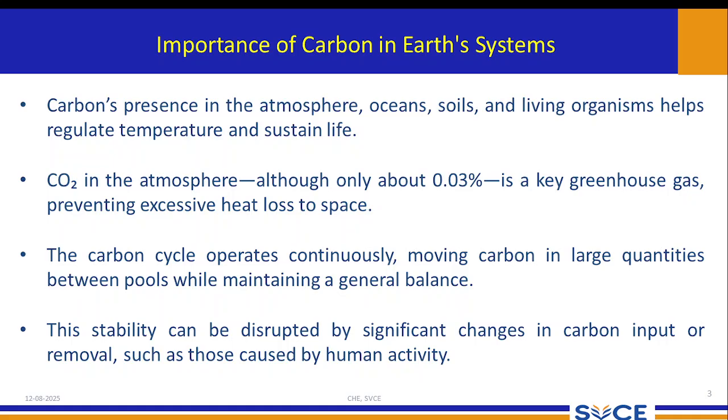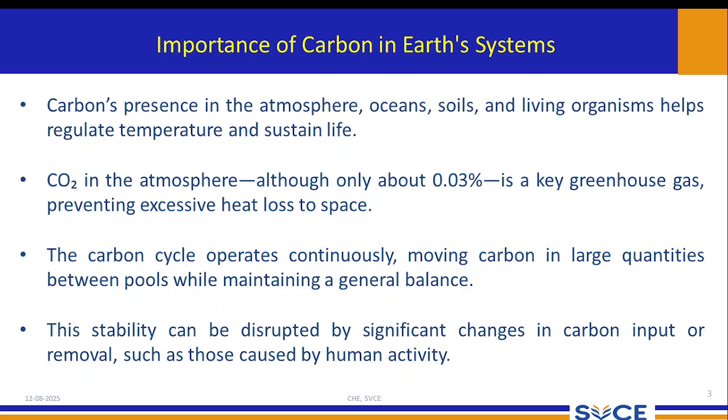Carbon dioxide in the atmosphere, although only about 0.03%, is a key greenhouse gas, preventing excessive heat loss to space. As I told you, if there were an absence of greenhouse gas, obviously the earth would cool down to minus 18 degrees Celsius. That's what we saw previously.